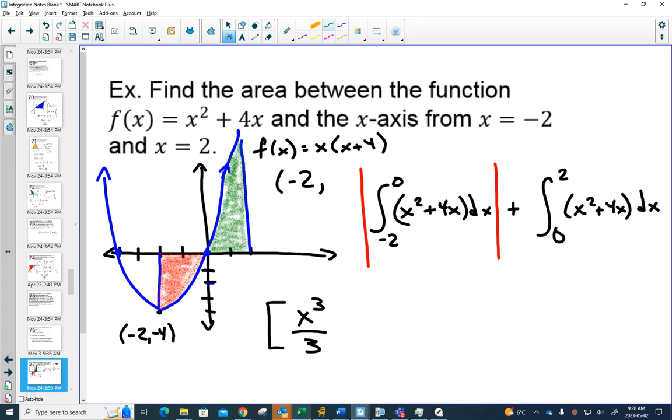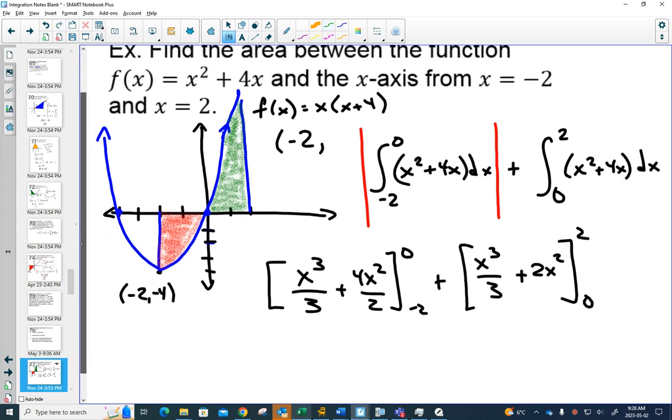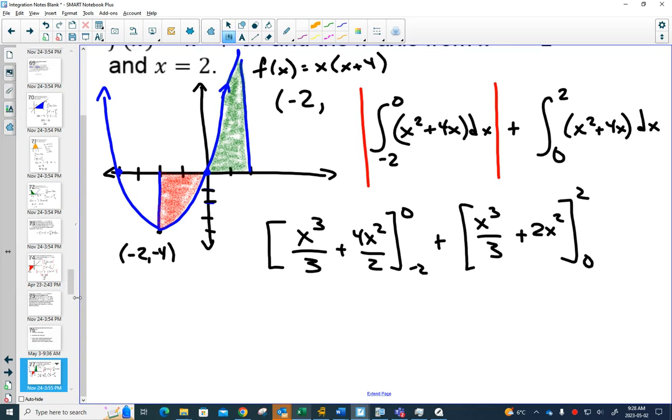X cubed over 3 plus 4x squared over 2 from -2 to 0 plus the same thing, x cubed over 3 plus 2x squared from 0 to 2. Put my absolute values. I like drawing them in red right here to sort of remind myself that's what I'm doing as I go along.